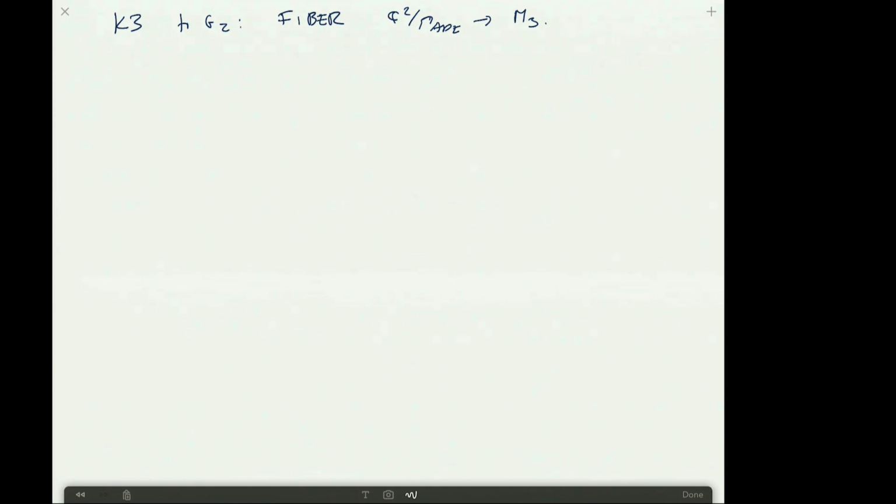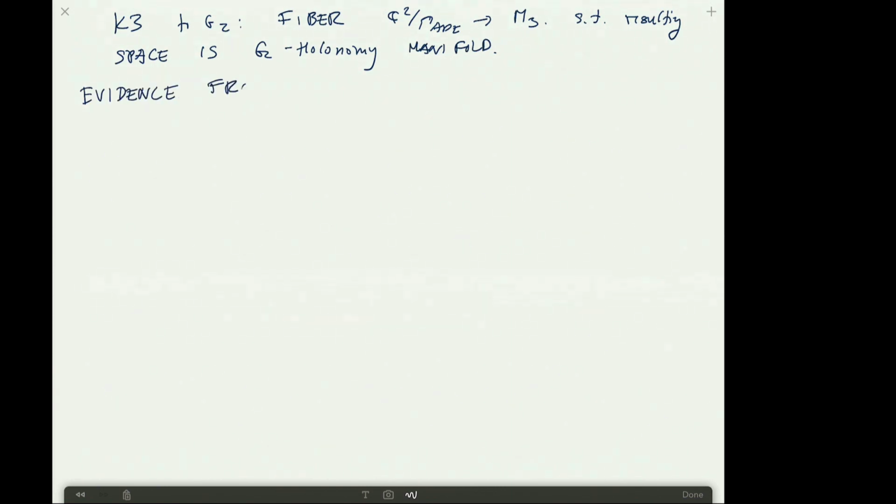Again, there's some evidence that the resulting space is a G2 holonomy manifold. Again, there's evidence from this M-theory heterotic duality.